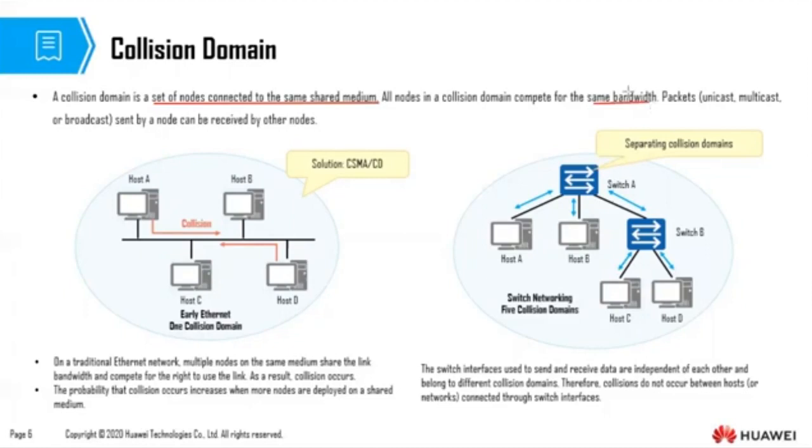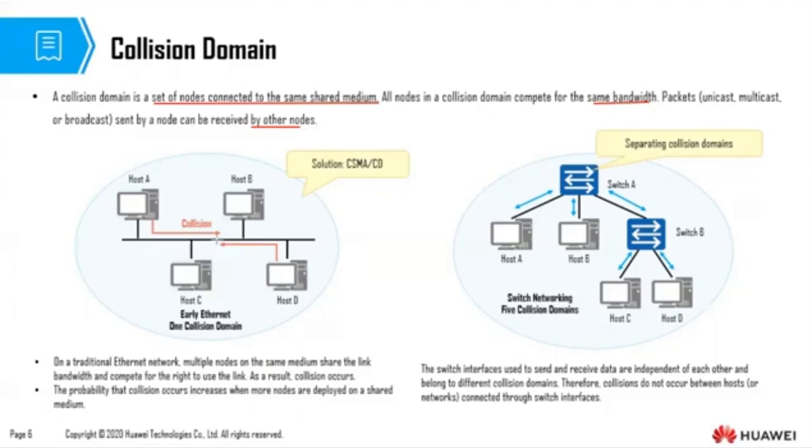That is, packets sent by a node can be received by the other. That's the other problem. They compete for bandwidth, and packets can be received by other nodes. So it also becomes a security issue, because if everyone is receiving your message, they can decide to open it up.